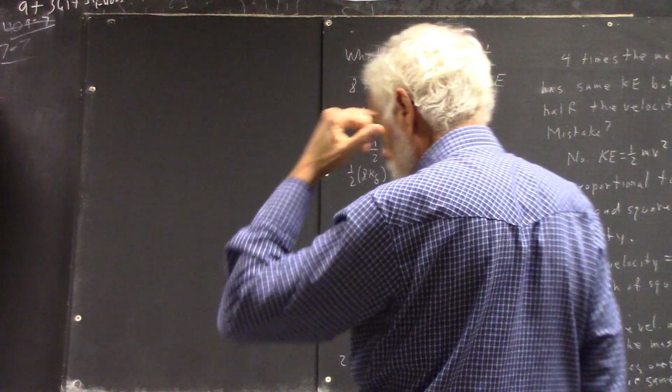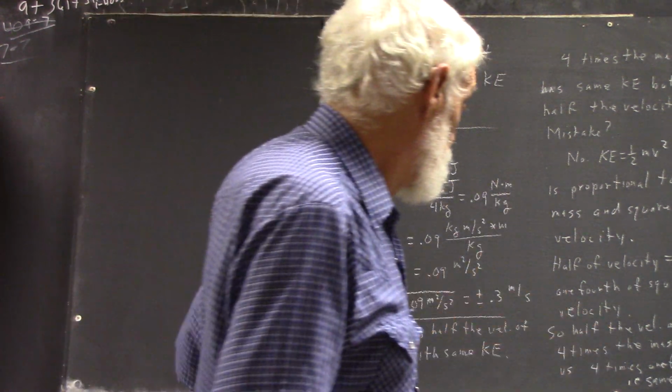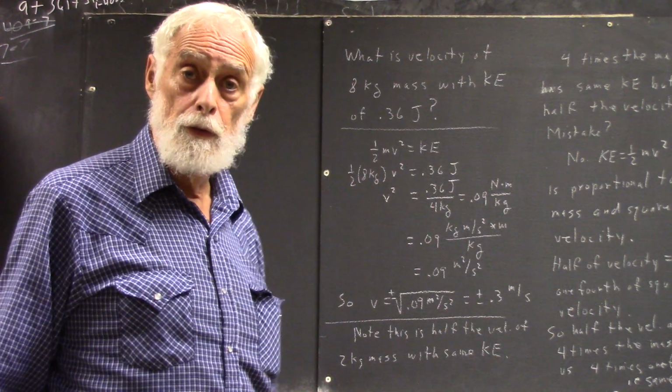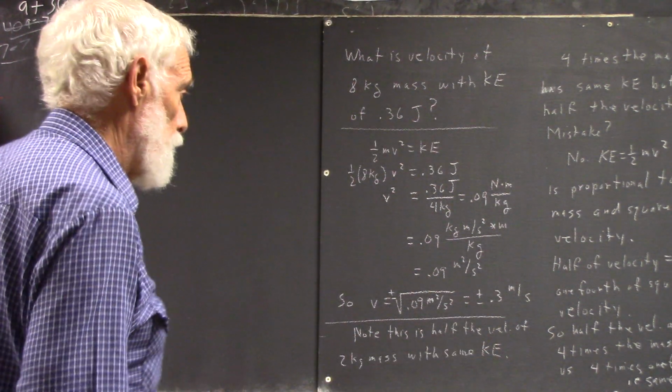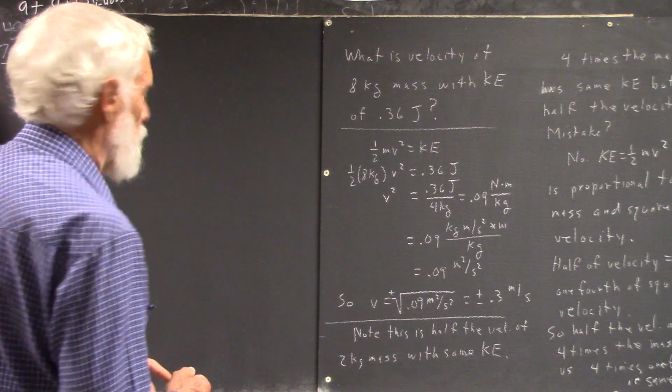Okay, well, so we think that a change of velocity of 2.5 meters per second should result in a change in kinetic energy of 40 joules, right? Let's just test that out. What if the initial velocity is, let's say, 3 meters per second?